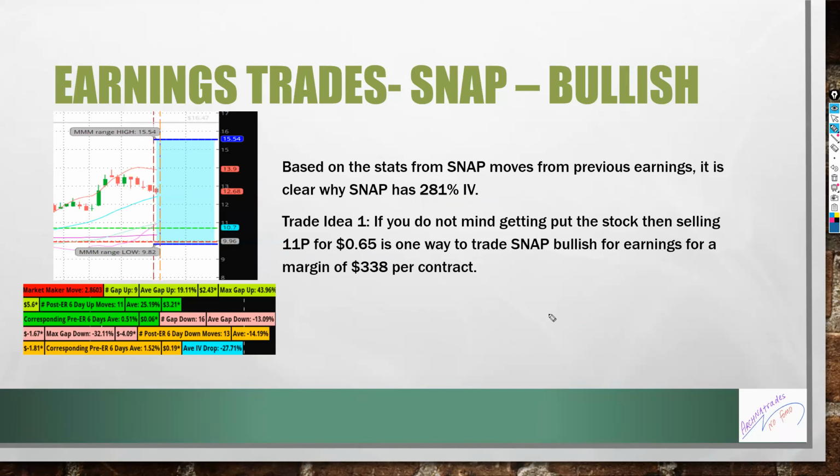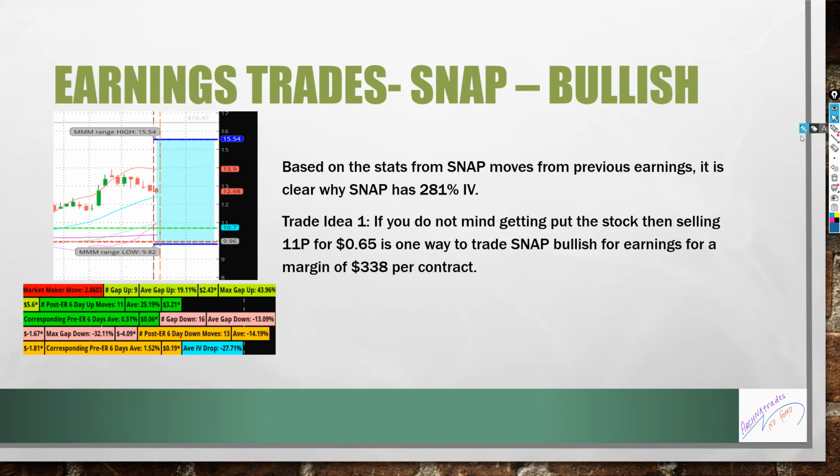If it stays where it is, then also you can keep it. If it goes down below and you get put the stock, you are fine with it, and your cost basis is lower than just buying an $11 stock. That's one way to trade earnings, because regularly you are not going to get 65 cents credit for that.